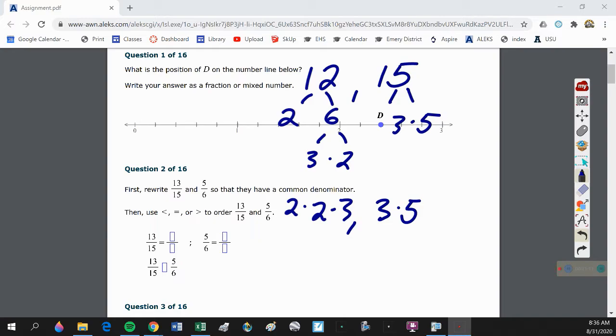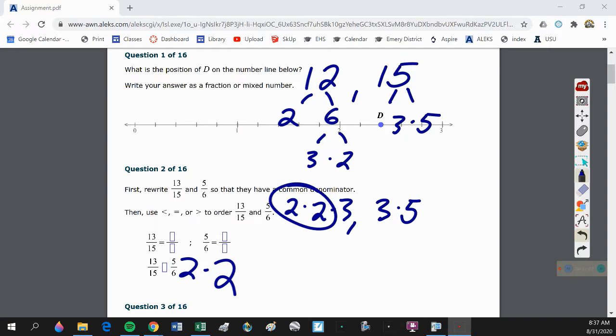So my final answer has to have 2's in it. How many 2's does it have to cover both sides? 2 2's. 2 times 2. My common denominator has to have 3's. How many 3's does it have to cover both sides? 1. Right?